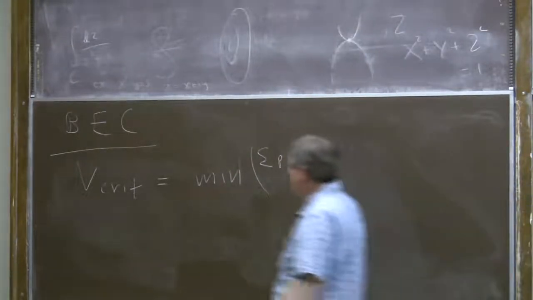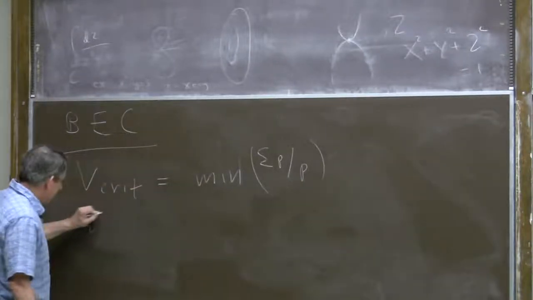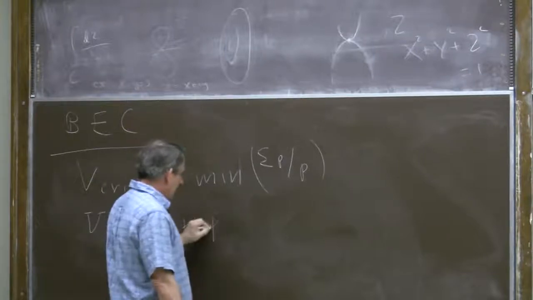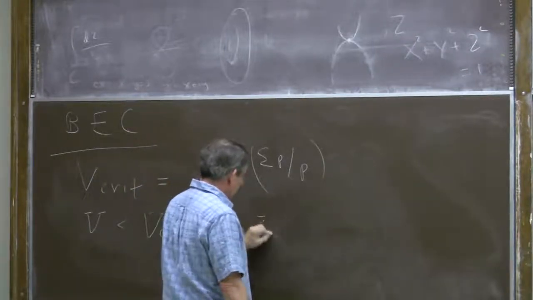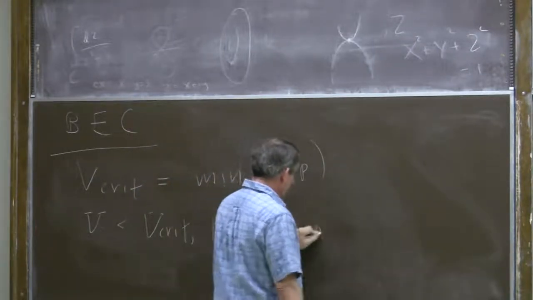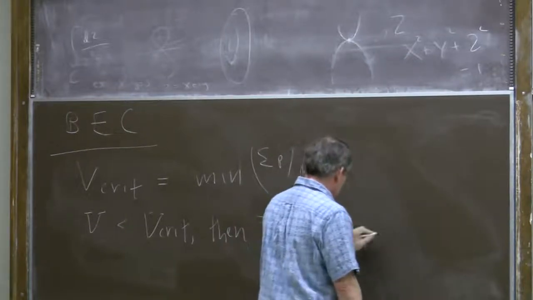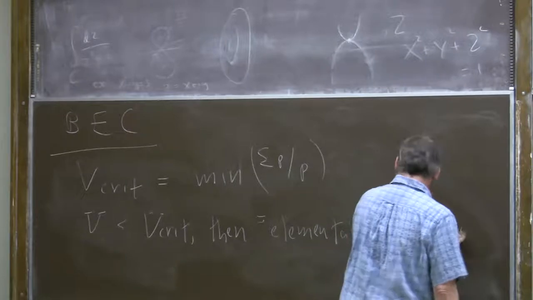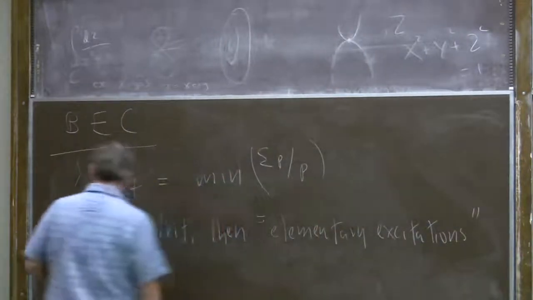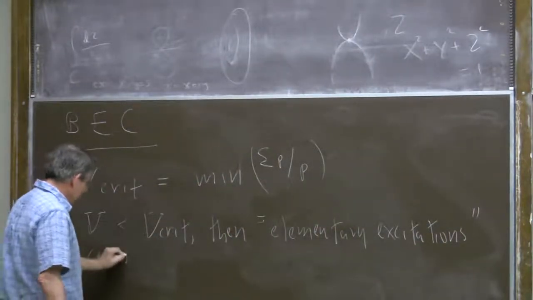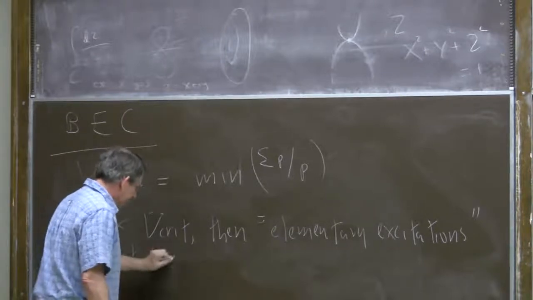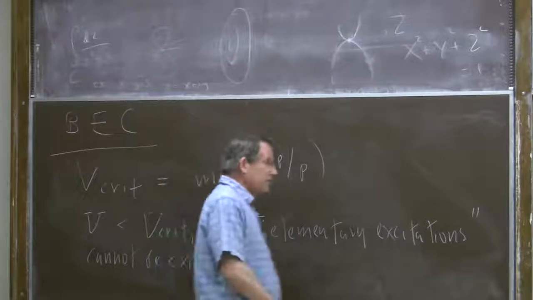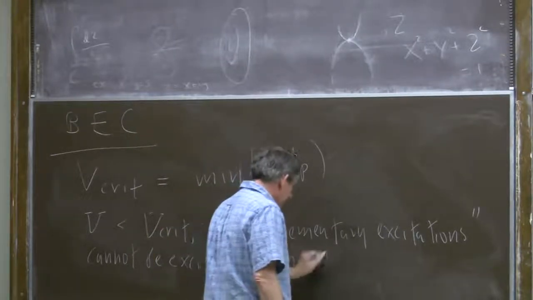So if V is less than V critical, then the elementary excitations cannot be excited. So no dissipation.